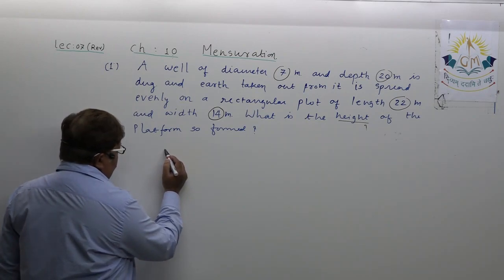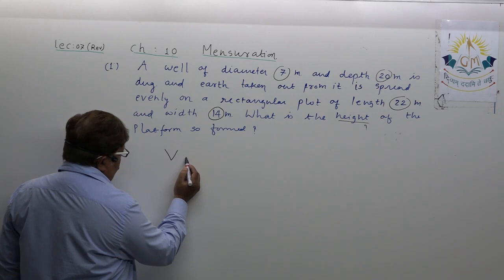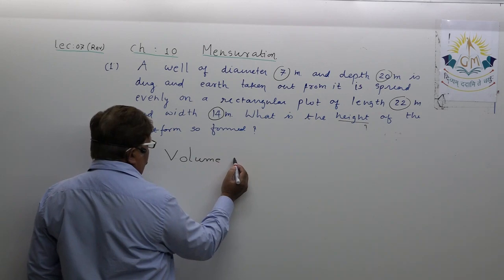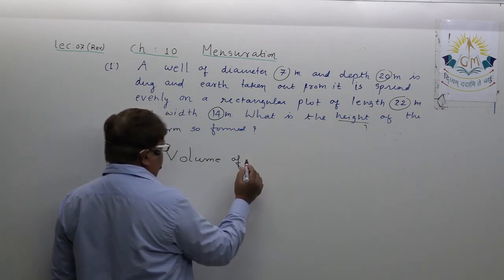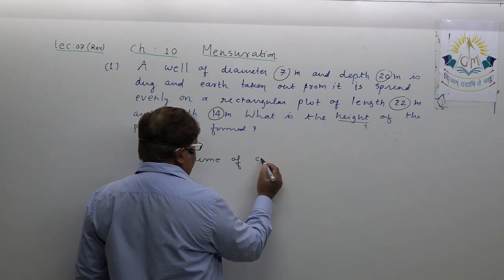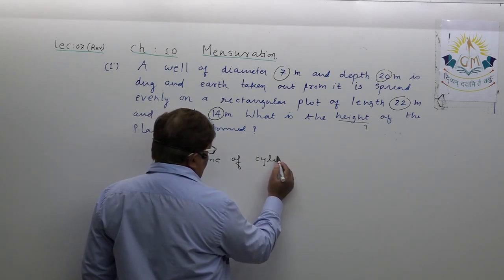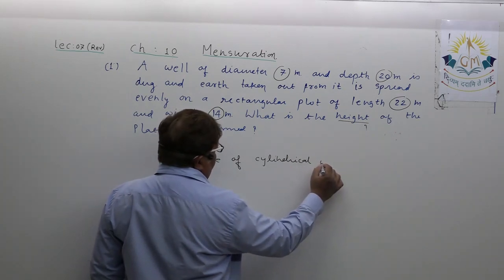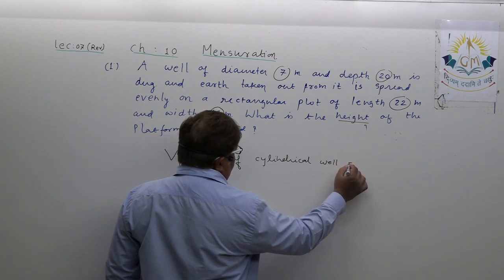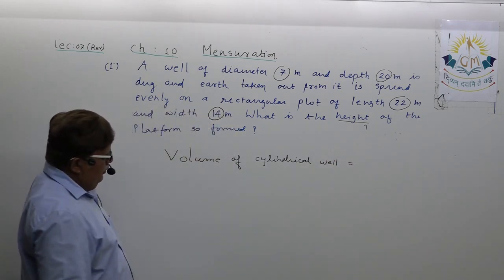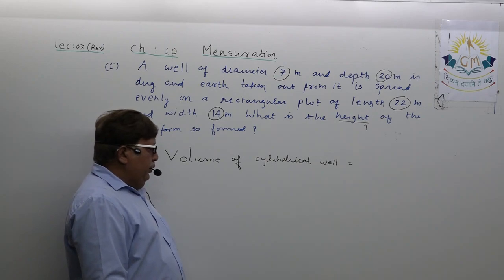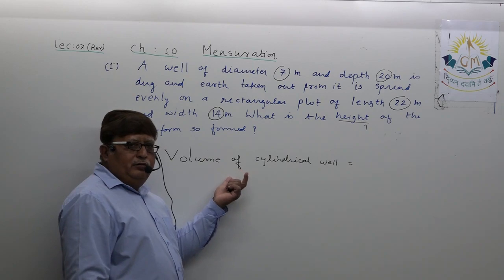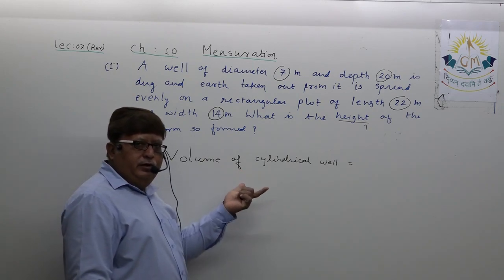You have to write: volume of cylindrical well equals to, or if you want to modify the statement, you can write volume of earth taken out from the cylindrical well.